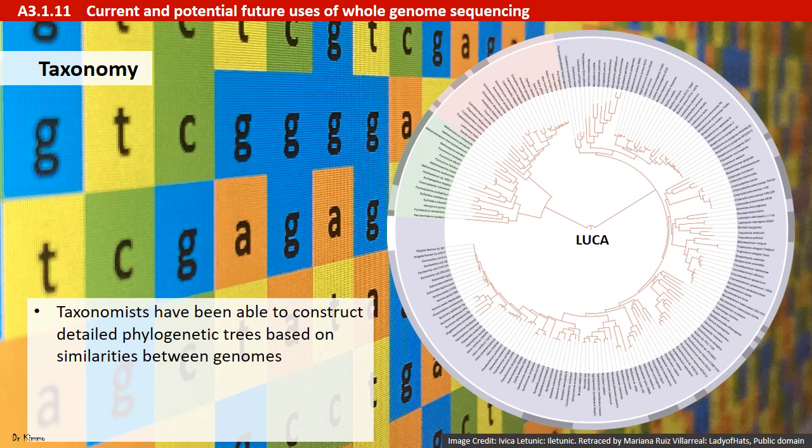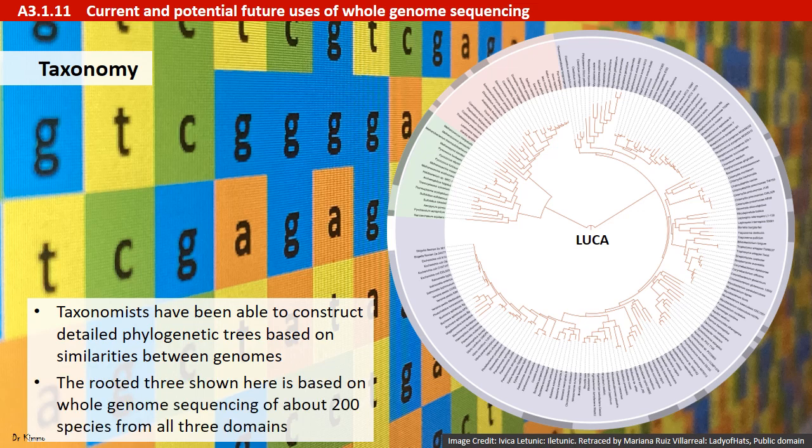Taxonomy. Taxonomists have been able to construct detailed phylogenetic trees based on similarities between genomes. The rooted tree shown here is based on whole genome sequencing of about 200 species from all 3 domains. Rooted means that it has a starting point, and the starting point is in the middle of this circle where it says LUCA, last universal common ancestor.